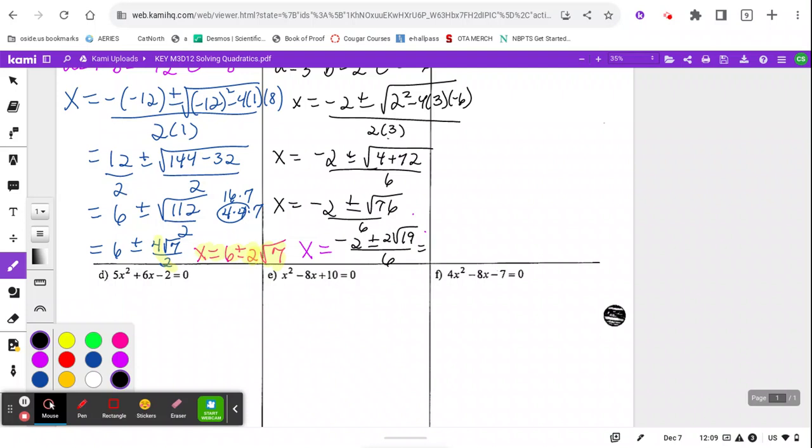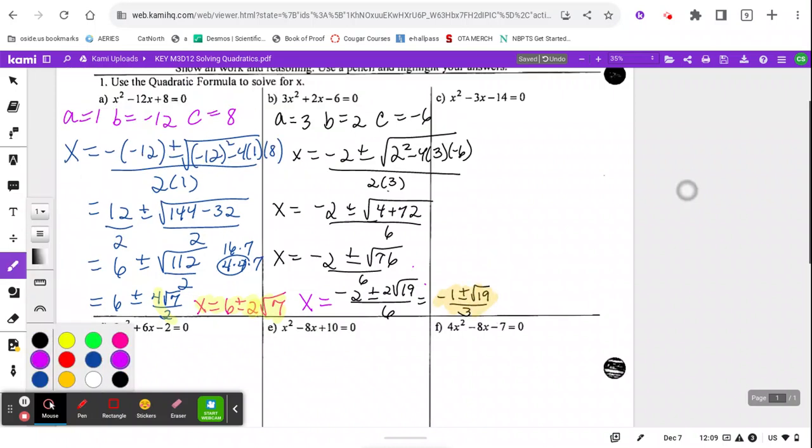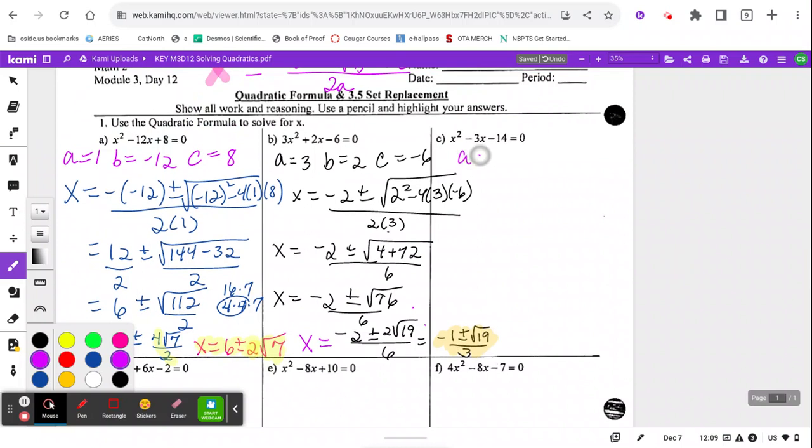And then final answer becomes negative 1 plus or minus root 19 over 3. 2 real roots, because your discriminant is 19, or originally it was 76. Okay, get a, b, c on the next one. Go try it.